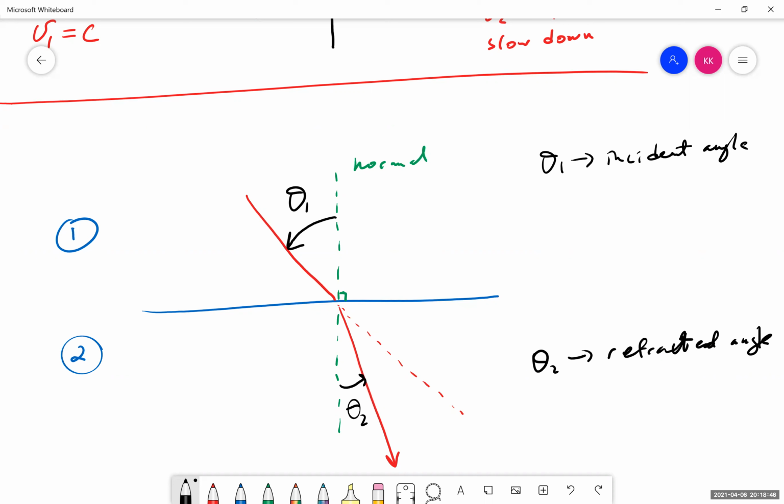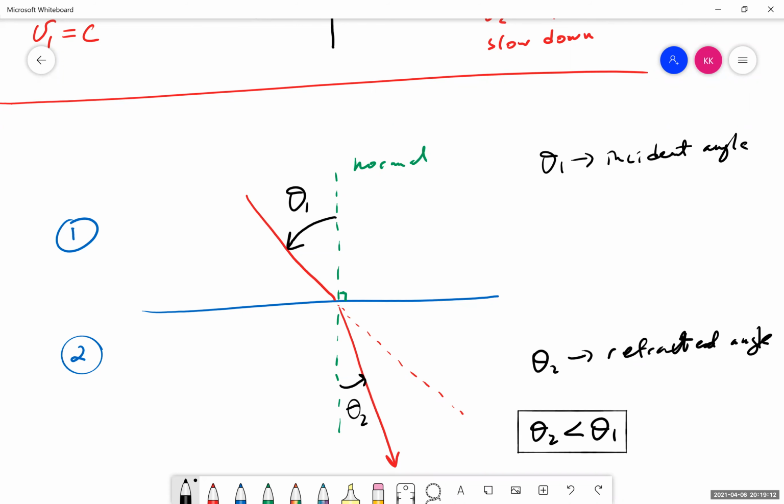Now, one of the things we can see here is that light changes direction relative to its original path. The way it changes direction is, when it goes from less dense to more dense, it always bends toward the normal, and theta 2 is always going to be less than theta 1.